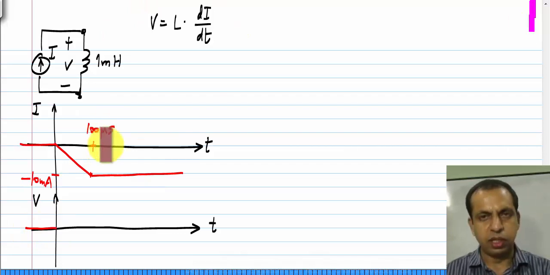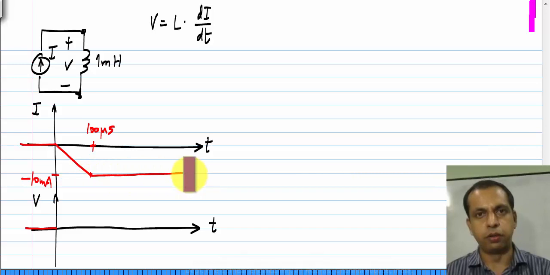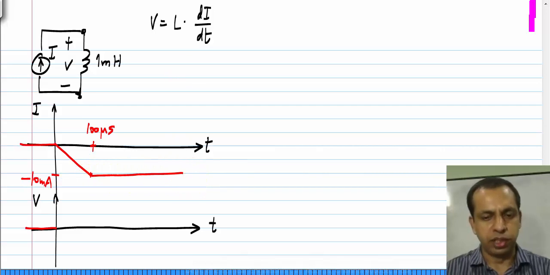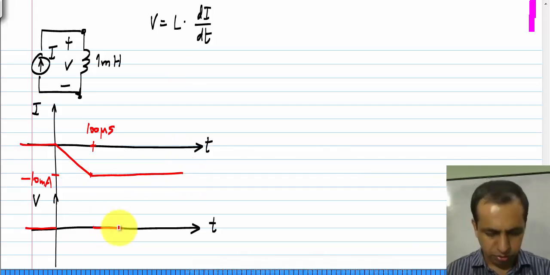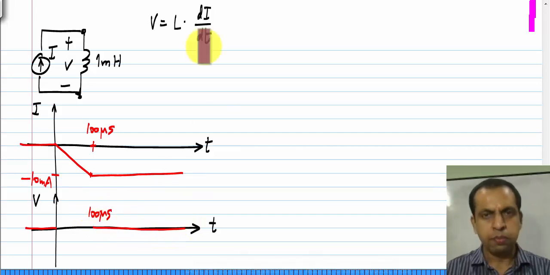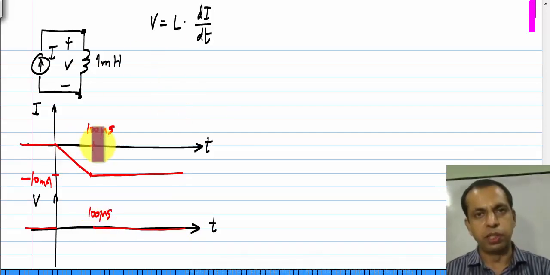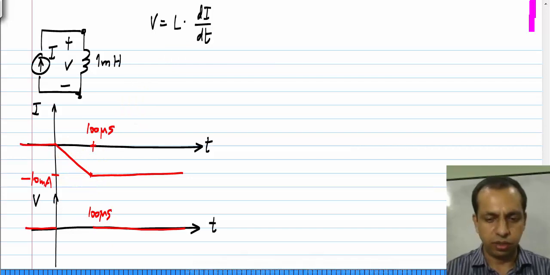After t equals 100 microseconds, when the current is again a constant, the voltage will be 0. And between these two, from 0 to 100 microseconds, we have a constant slope which corresponds to a constant voltage across the inductor. Okay.